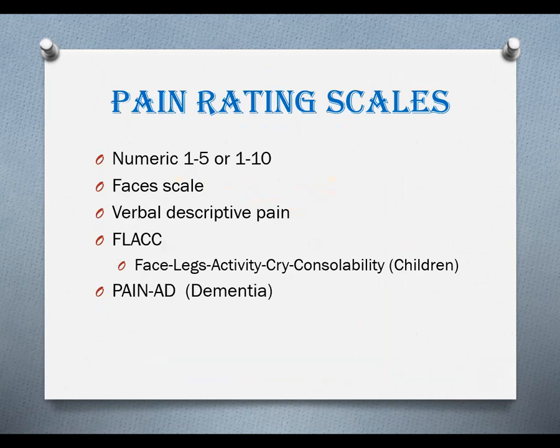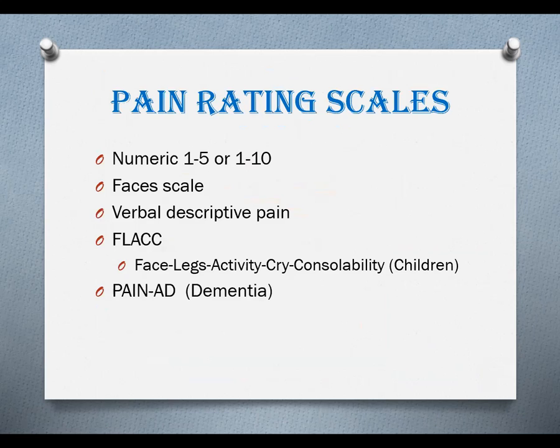There are so many different scales that you can use. These are tools that you can use to rate the pain. There's the numeric one, which you simply ask on a scale of 1 to 5, or on a scale of 1 to 10, or 0 to 10, and 10 being the worst or 5 being the worst pain ever.